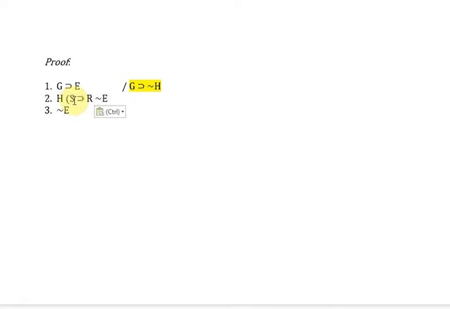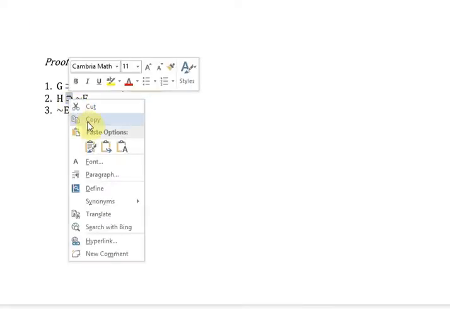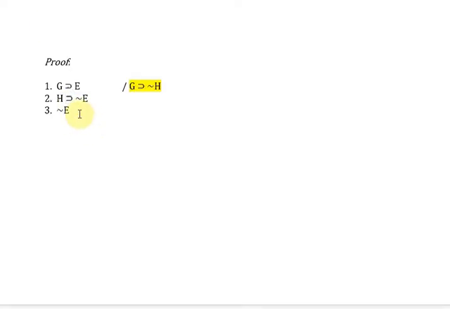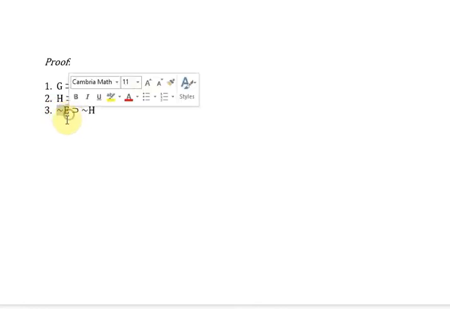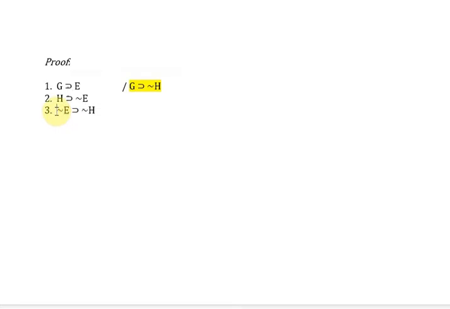Because we're switching the order. Oops, that's a mistake. We're switching the order of the antecedent and the consequent, and so that H does become a negation. But the not E is also going to become a negation. It already has a negation. We have to add another negation.